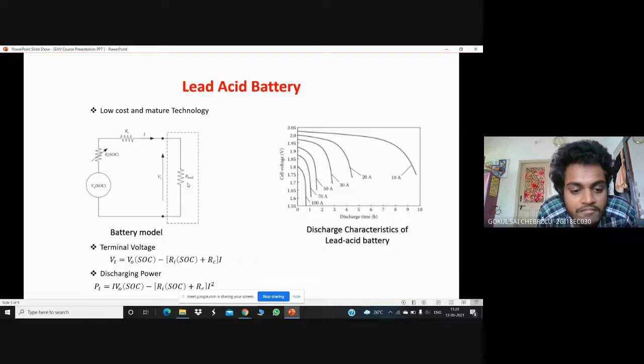These two are functions of SOC. The discharging power at the terminal is given by Pt equals I into (V naught(SOC) minus (Ri plus Rc) into I), where Rc is the resistance of the conductor.